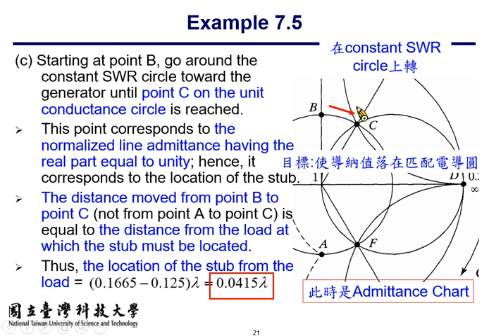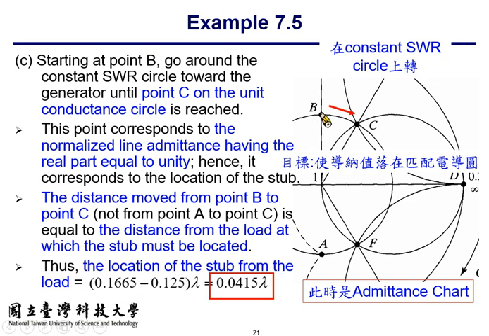And what is the corresponding length for moving from B to C? Well, again, you check the markers on the outermost circle. For point C, the marker reads 0.1665.